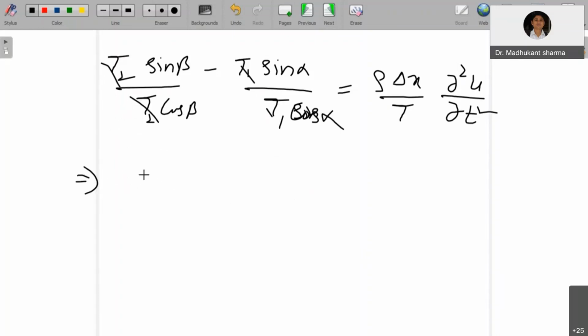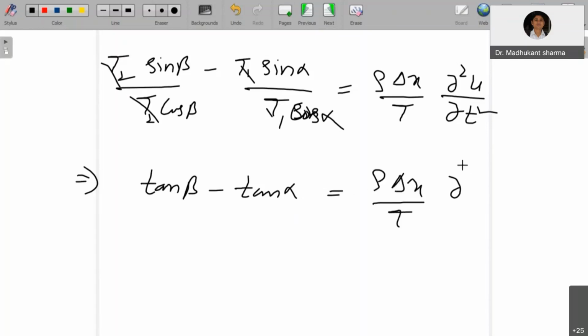So what you will observe is tan beta minus tan alpha equals rho times delta x by T times ∂²u/∂t². Now, what are tan beta and tan alpha? They are slopes, right?